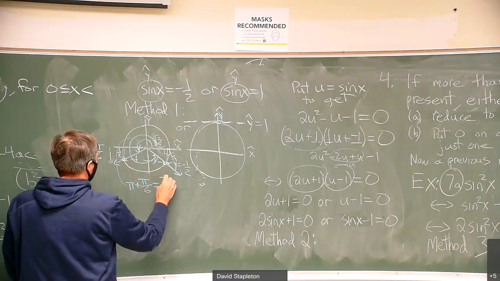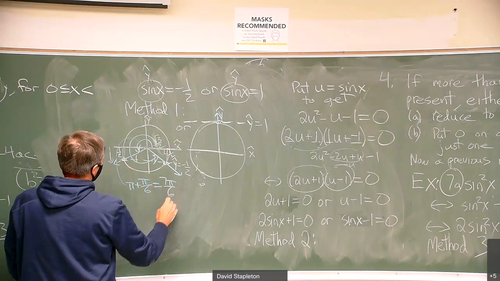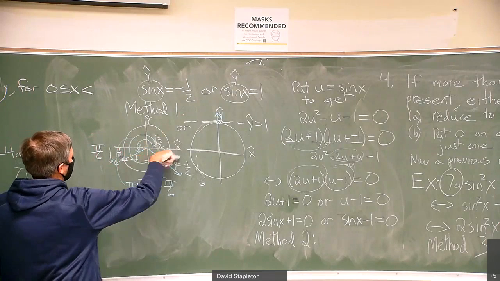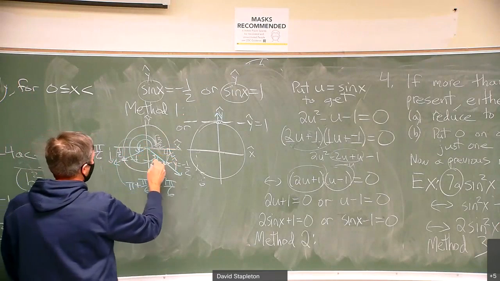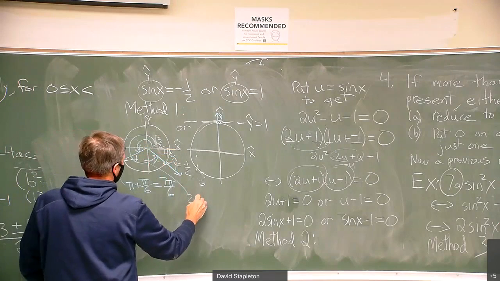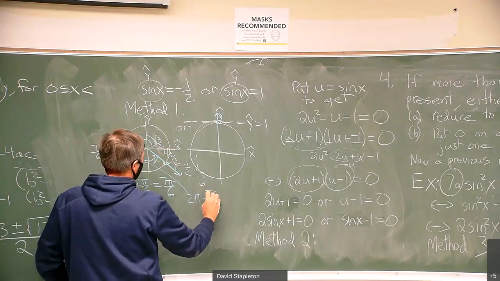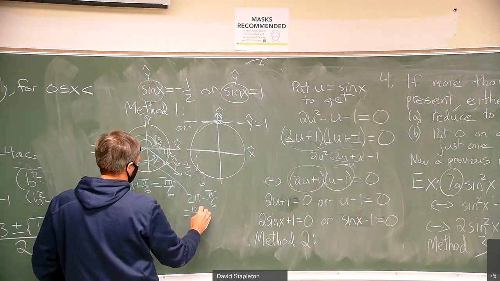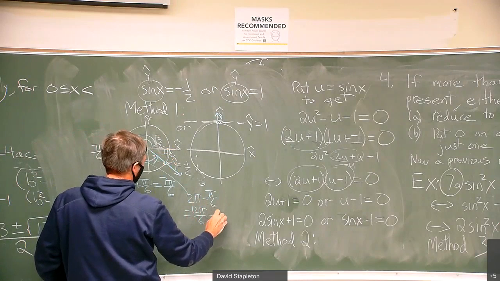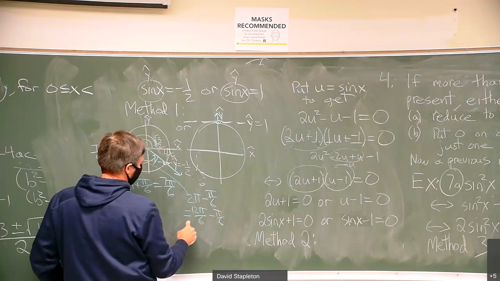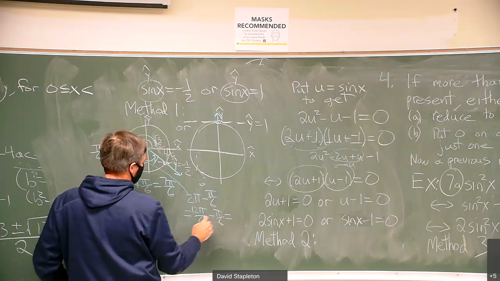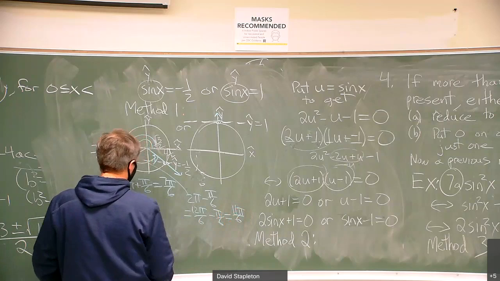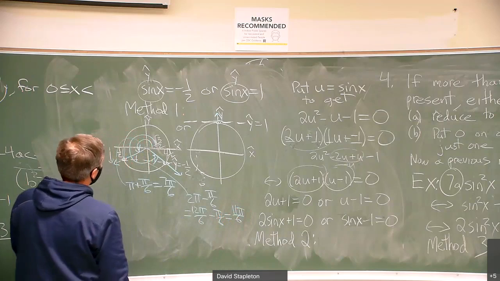I get the exact angle 7 pi over 6 without needing any inverse trig functions. Similarly over here, it's 2 pi back up pi over 6. To subtract these, you put them over a common denominator. 2 pi is 12 pi over 6. Subtract pi over 6. Once they have a common denominator, you subtract their numerators. 12 pi minus pi is 11 pi, all over 6.